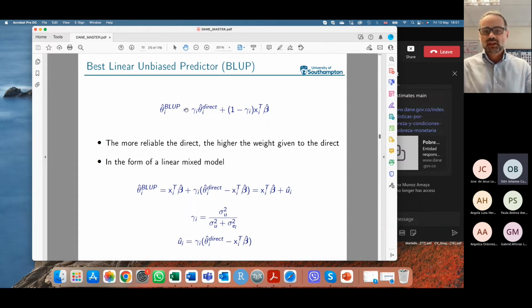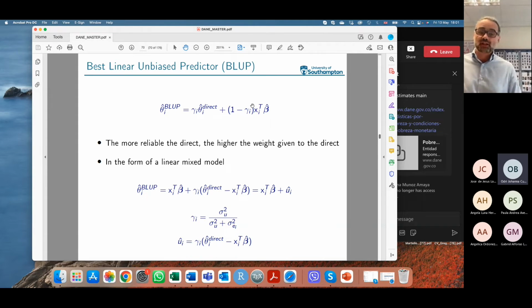So the gamma i will be higher for the direct and less for the other part. How the gamma i plays out will depend effectively on how reliable your direct estimates are.